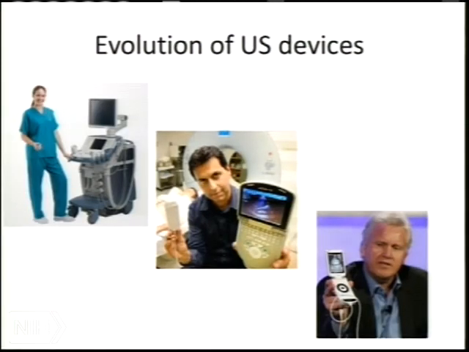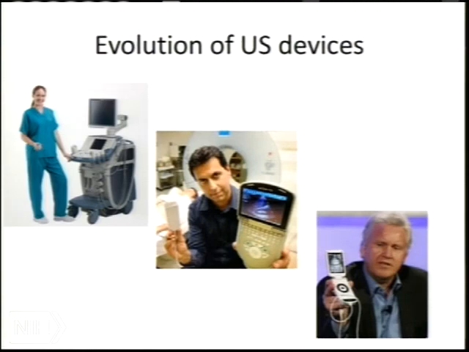Now, one of the things that's evolving rapidly in ultrasound is the size. Most of the machines we use in the hospital are these high-end machines that are kind of big and heavy, and you can roll them, but they're not easy to roll. But more and more, we're seeing scanners that are handheld or even can be applied to part of something like an iPhone.